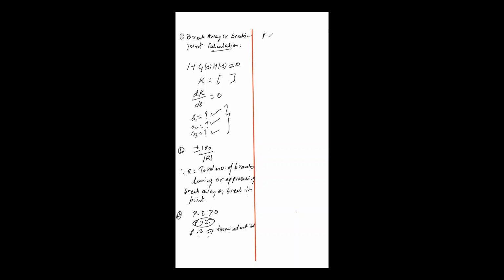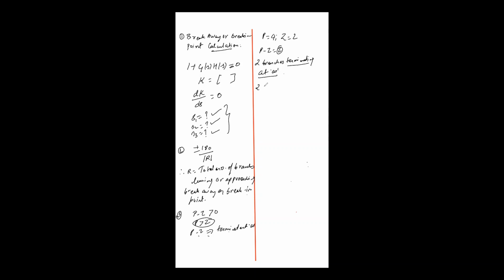Suppose p is equal to 4 in some question and z is equal to 2. In this case, p minus z will give you 2. So 2 branches are terminating at infinity. Right? So 2 branches will terminate at infinity.